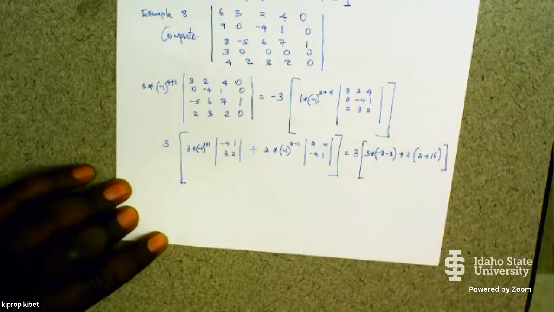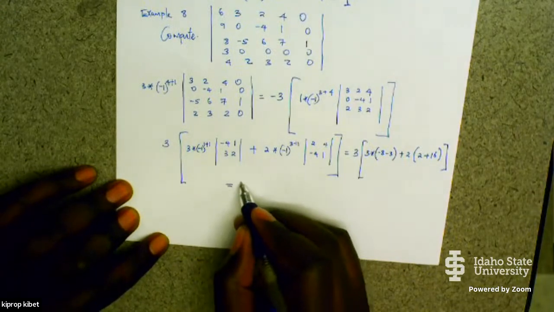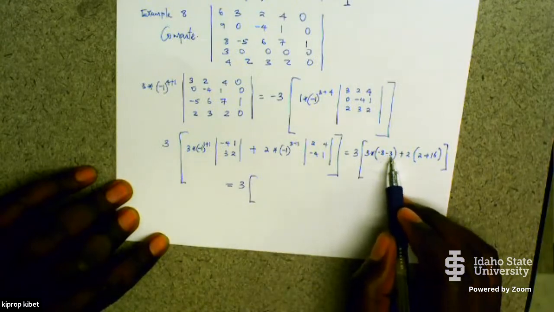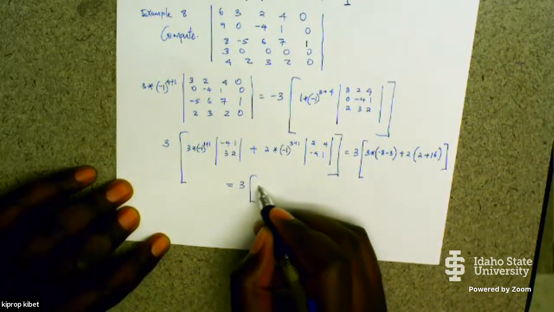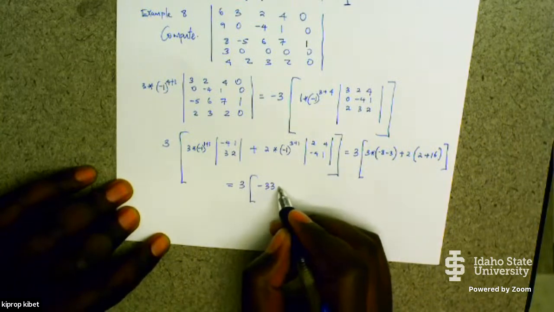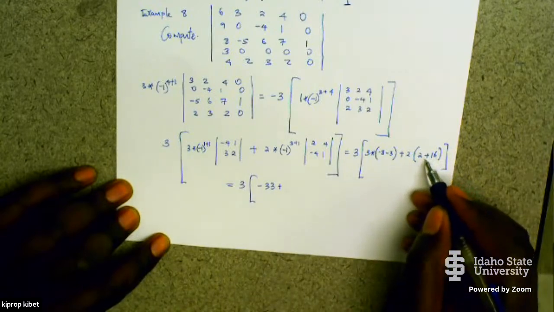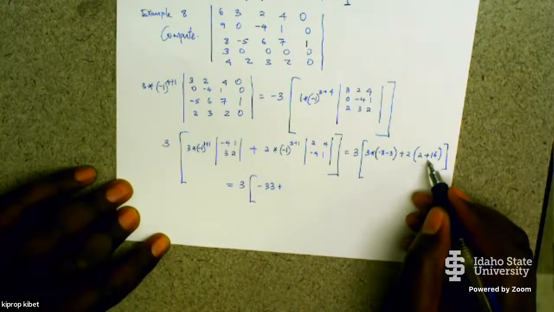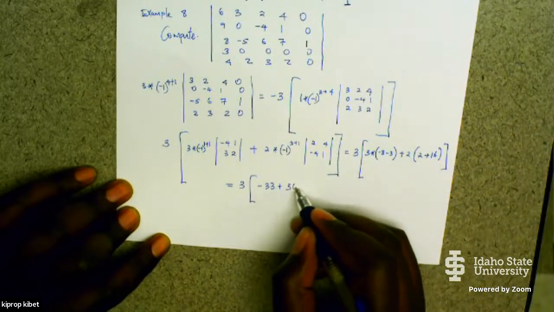Now, finally, minus 8 minus 3 is minus 11, so that is minus 33. Plus, 16 and 2 is 18, multiplied by 2 is 36.